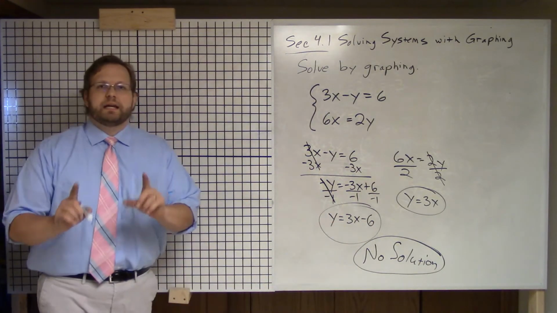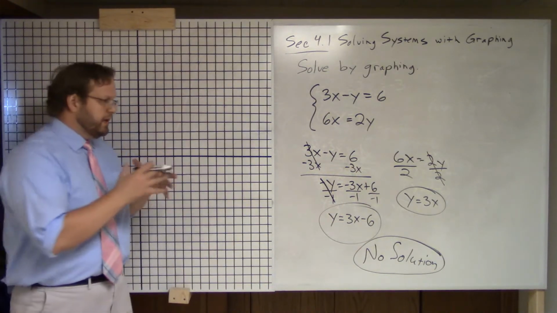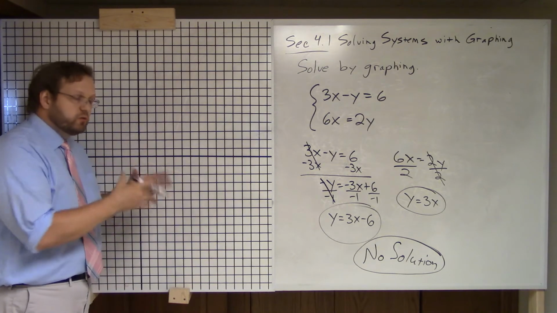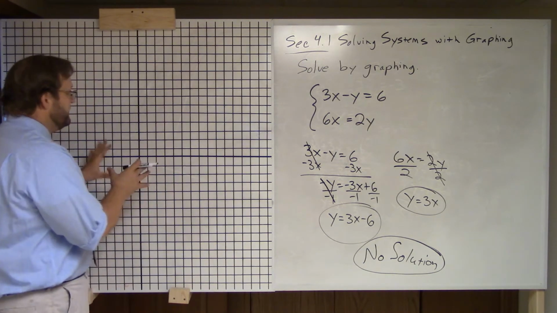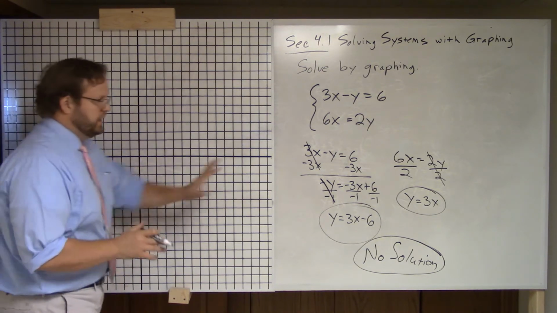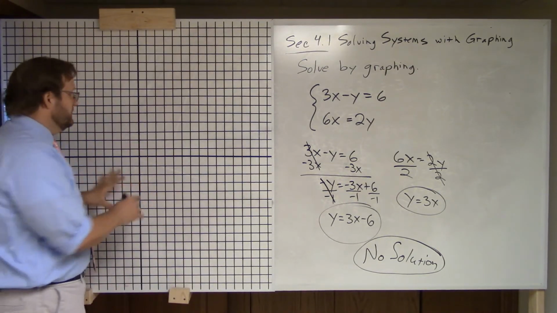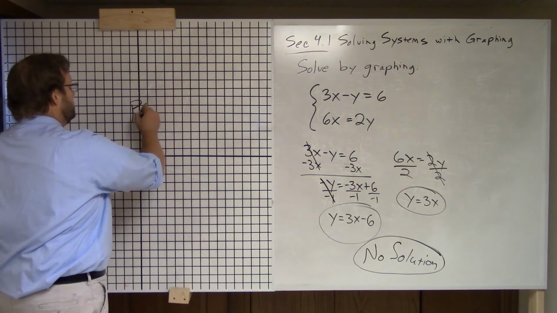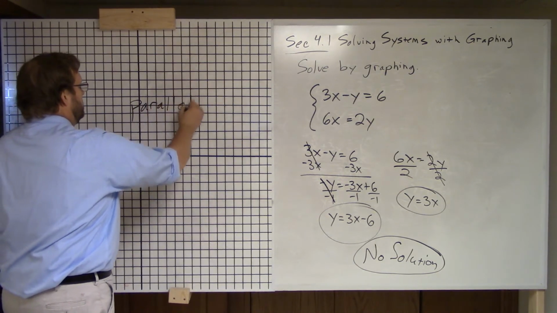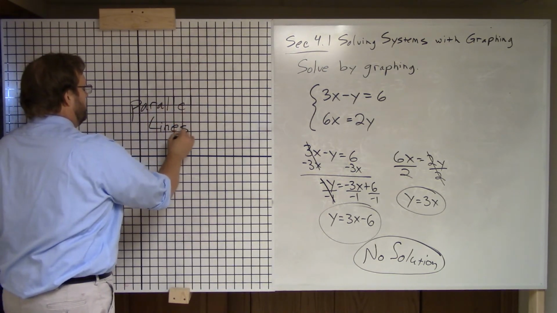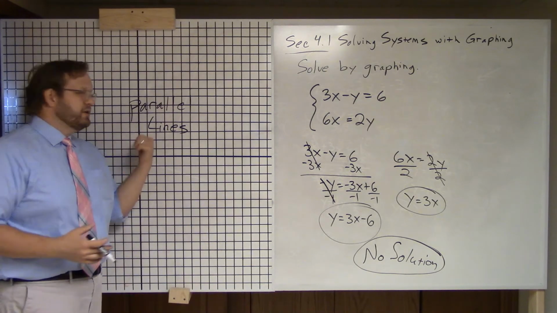Okay, one thing I do ask my students when I have a face-to-face class, when we're doing things on paper, is if I say solve this by graphing and you see that it's no solution, I'm not going to make you graph, but somewhere on the graph write parallel lines. Okay, that tells me why you didn't graph.